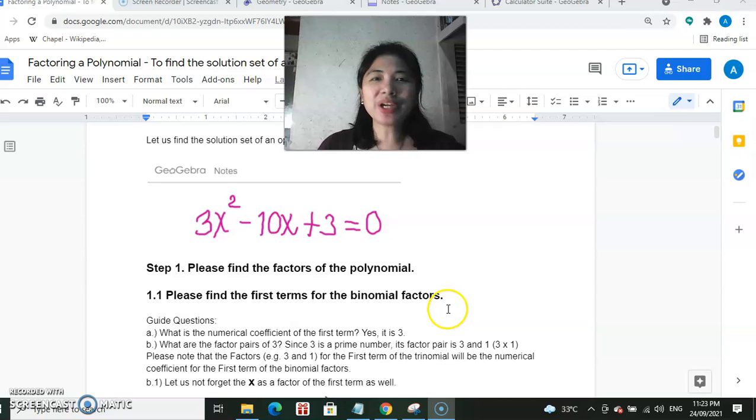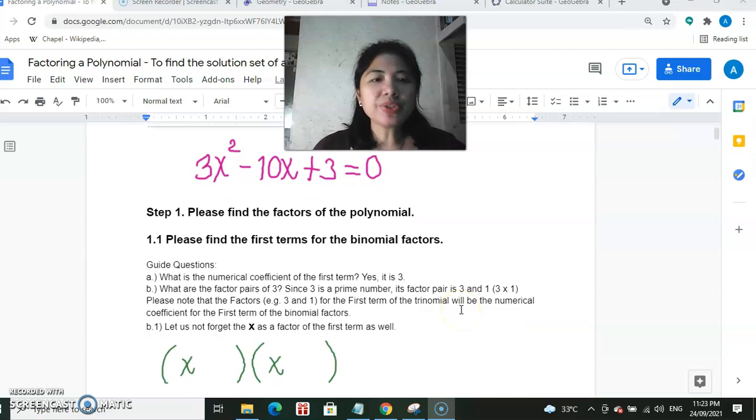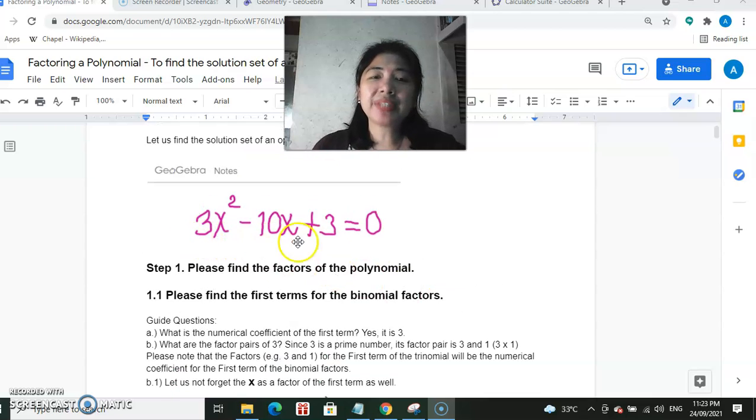Okay, let's work on this problem together. First, please find the first term of the binomial factors. We'll be investigating the equation, guided by these questions. The first question: what is the numerical coefficient of the first term? Yes, that is 3.